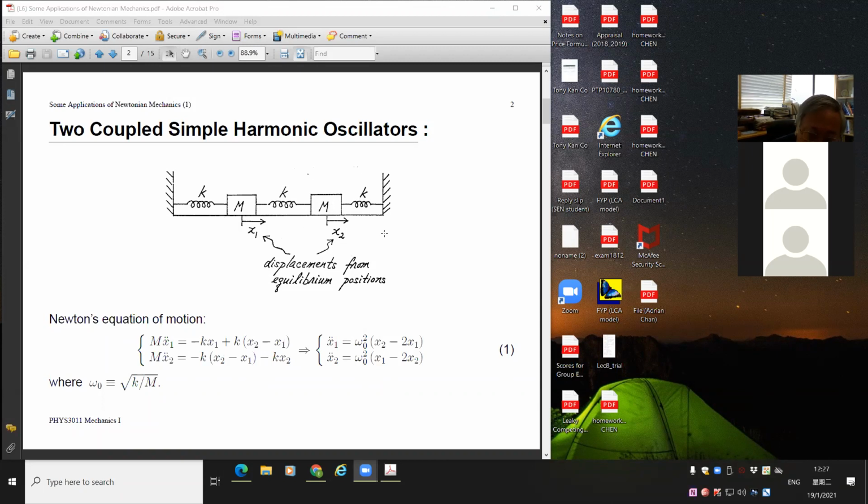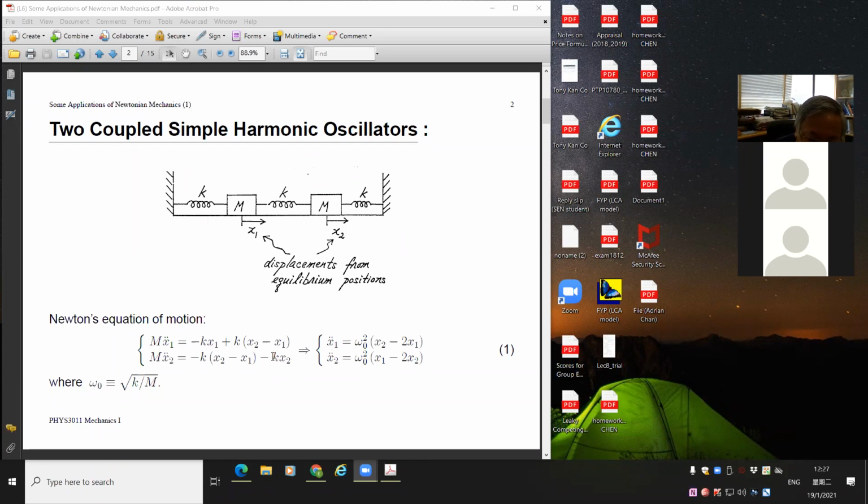For block 2, in the force diagram, there are two forces. The first force is exerted by the spring attached to the wall. It tries to prevent the second block from coming too close to the wall, so the force is pointing towards the negative x direction.